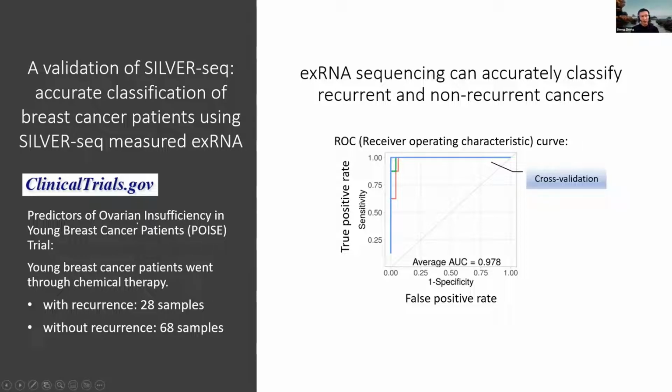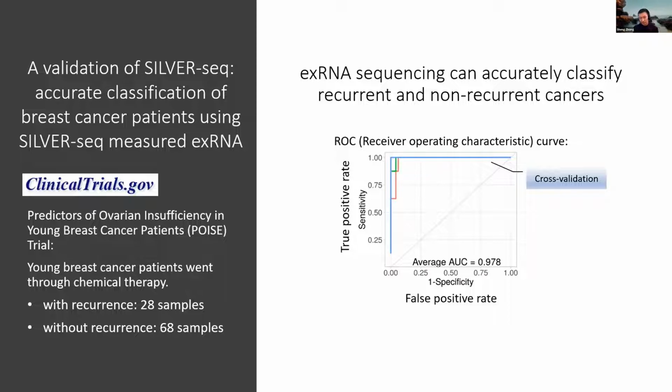And in this particular follow-up, there were 28 blood samples from people with recurrence in this window of follow-up. There were 68 samples from women who didn't have recurrence in this 5-year follow-up. And we were able to measure extracellular RNA by sequencing using 1 drop of blood, literally speaking, for the same reason as I mentioned before.